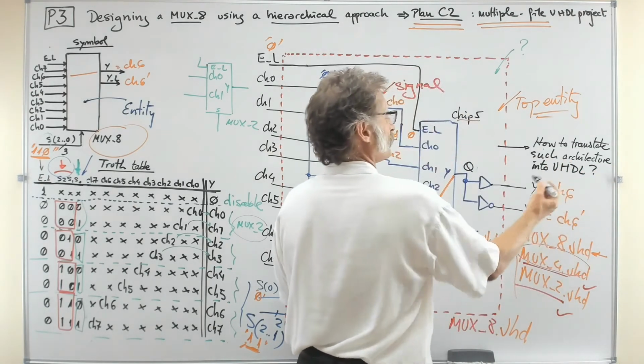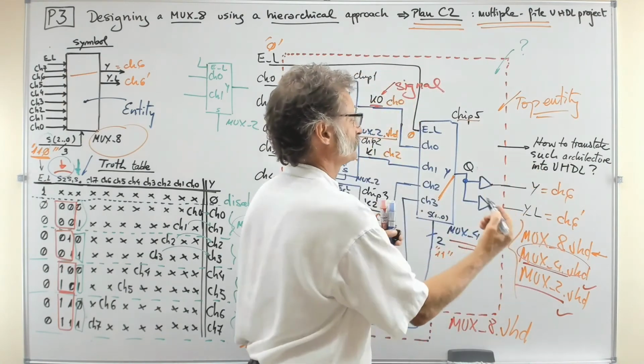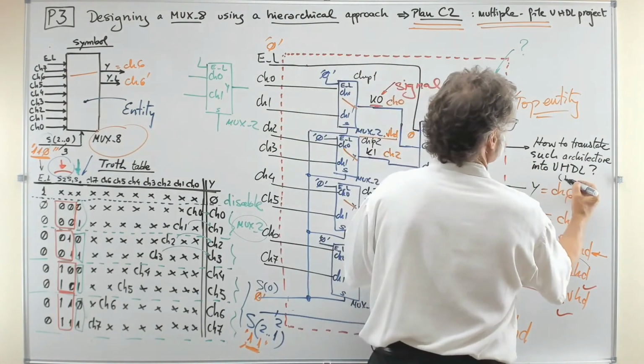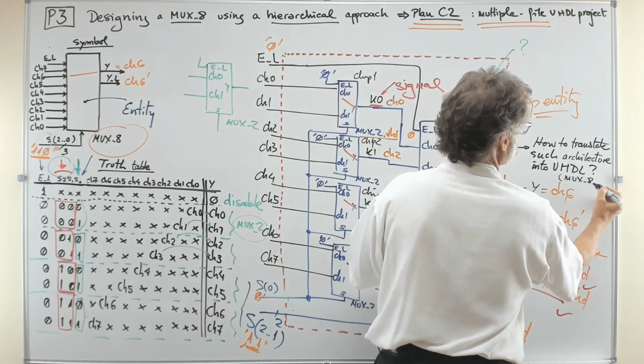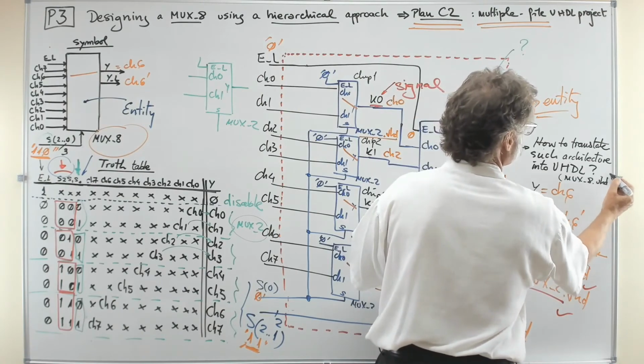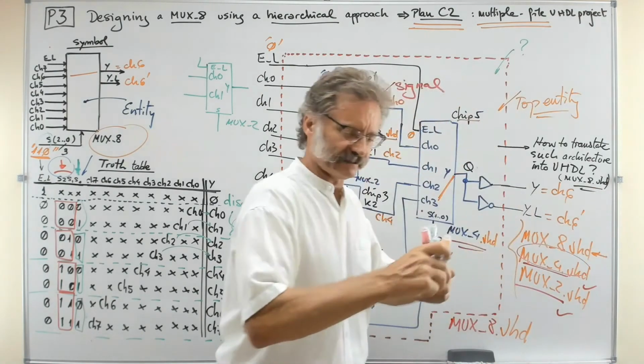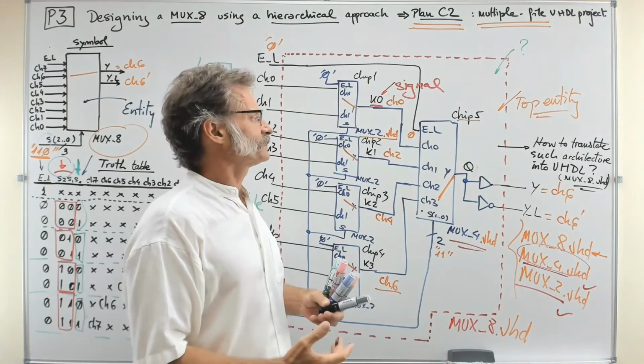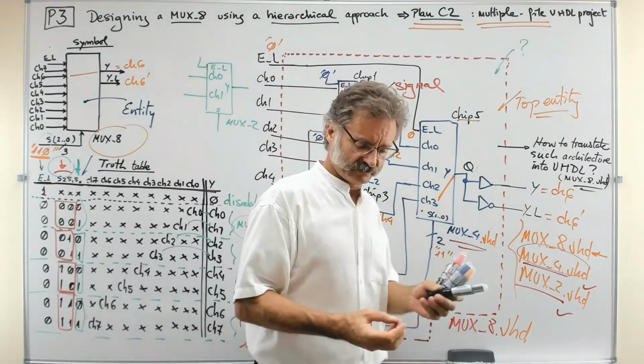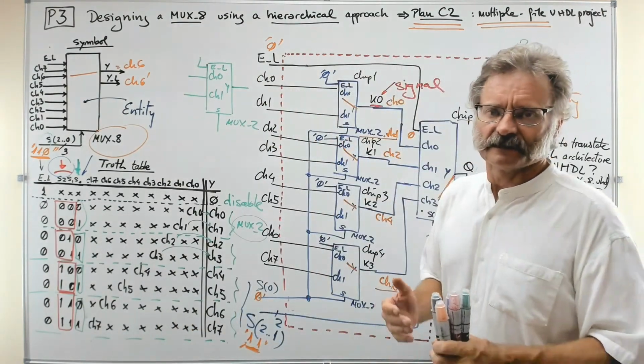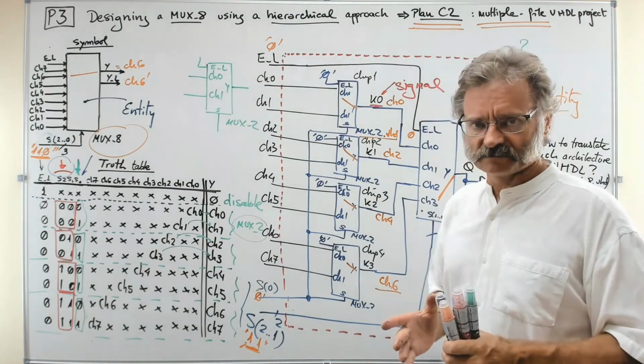You know, how to translate the one that is the MUX8, right? The MUX8 VHD. So how to do that file, how to write it. This is what you will find in a video, all right? And the point is that simple.